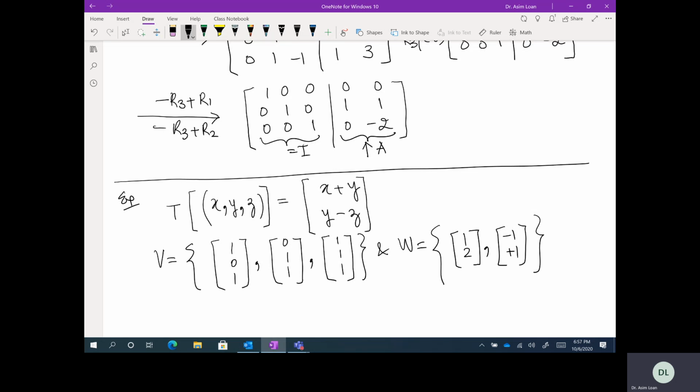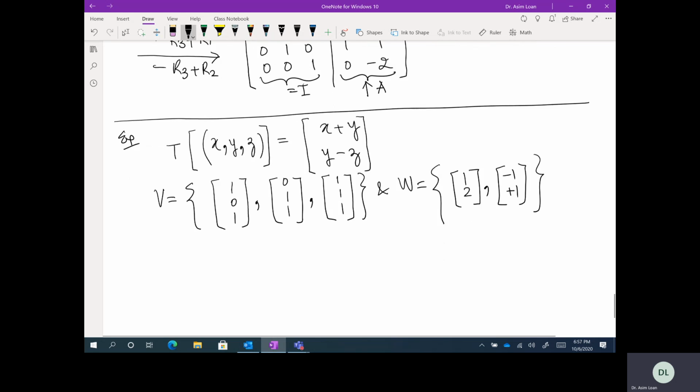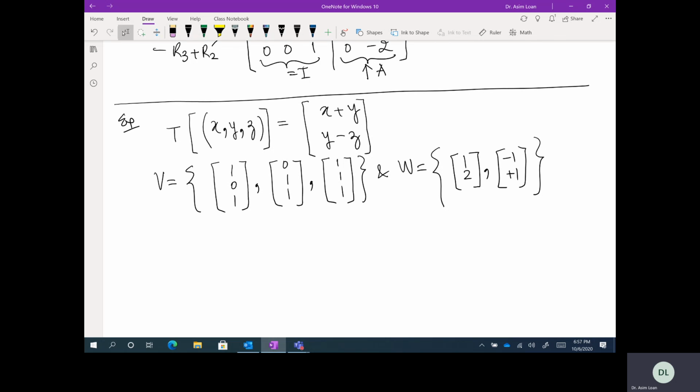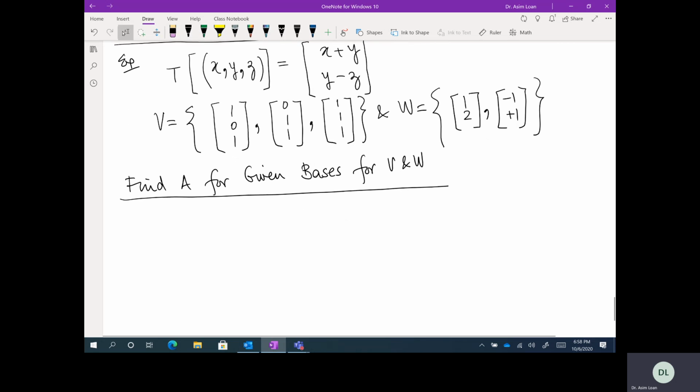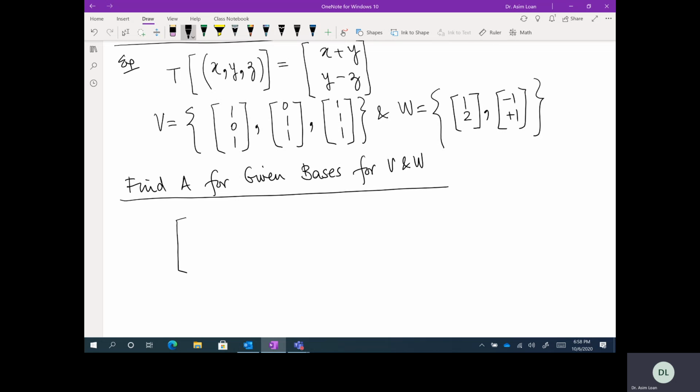Okay, so what we want to do is find A for the given bases for V and W. So again, I form the matrix.